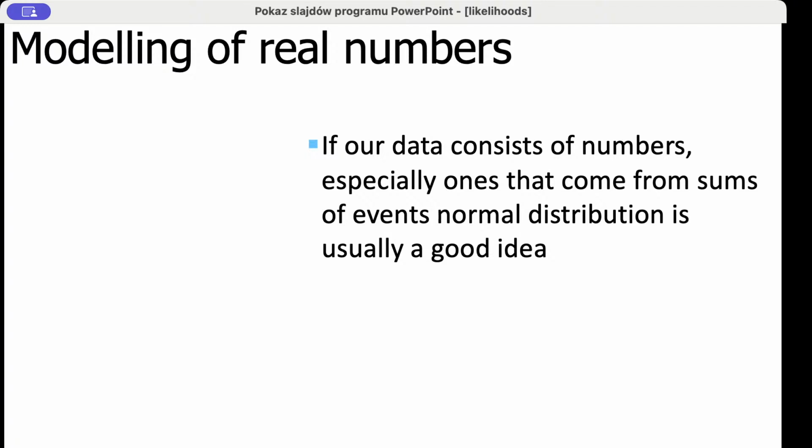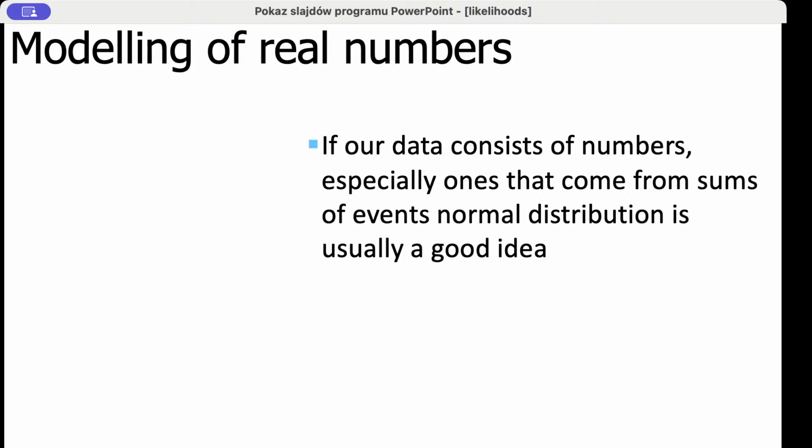But those are integers. However, certain data occurs as real numbers, and those real numbers behave in different ways. We'll focus today briefly on real numbers, which especially come from sums.